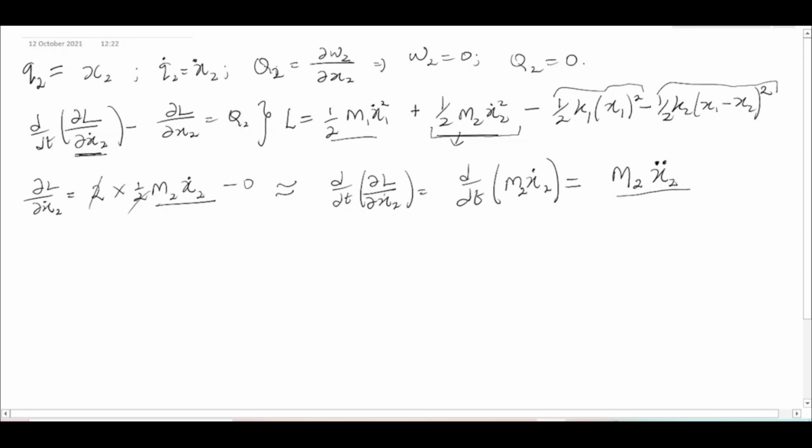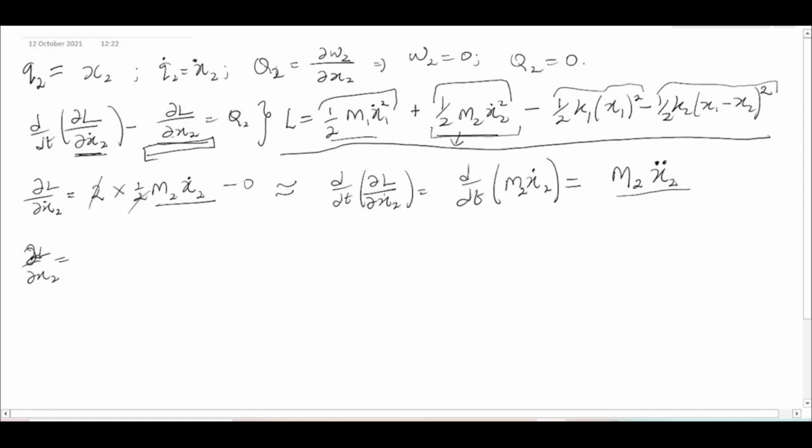Now we look for the second term, dL/dx2. This means differentiating the whole Lagrange function with respect to x2. The first term does not contain any x2. The second term does not contain x2; what it has is x2 dot.